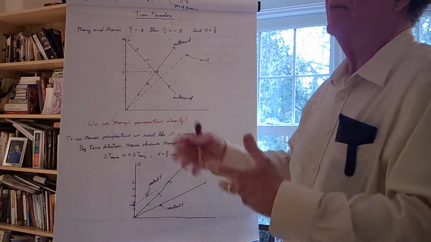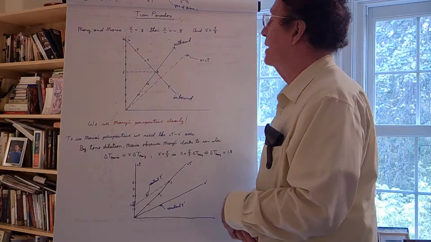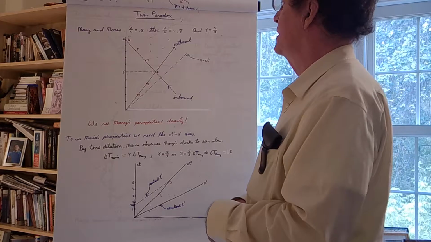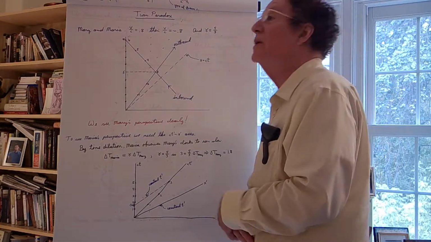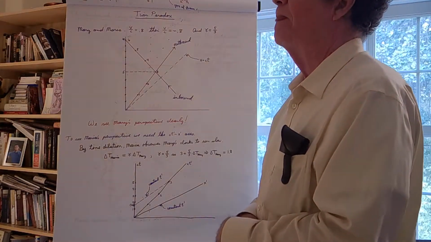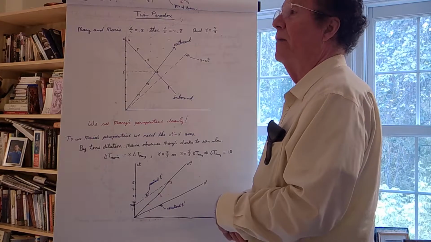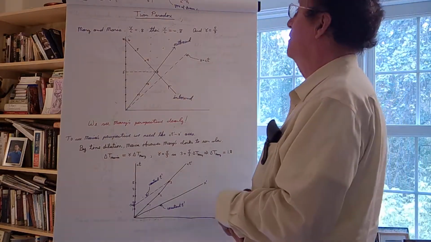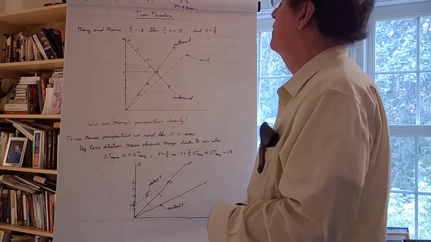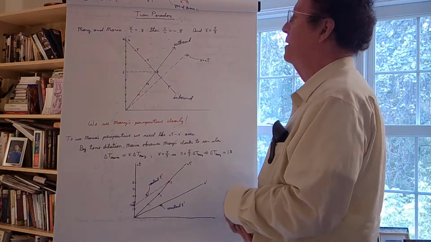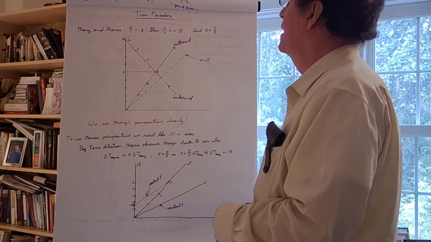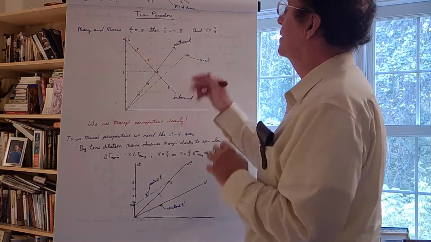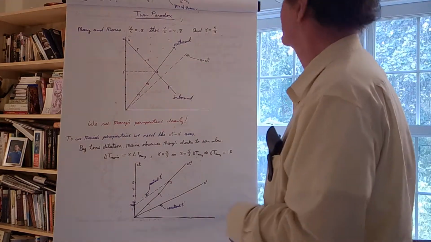But we can flip the tables, and Maria can say that Mary is running off in the opposite direction at 0.8 of the speed of light, and so her clock runs slow compared to Maria's clock. So why isn't she younger than Maria when their paths cross again?